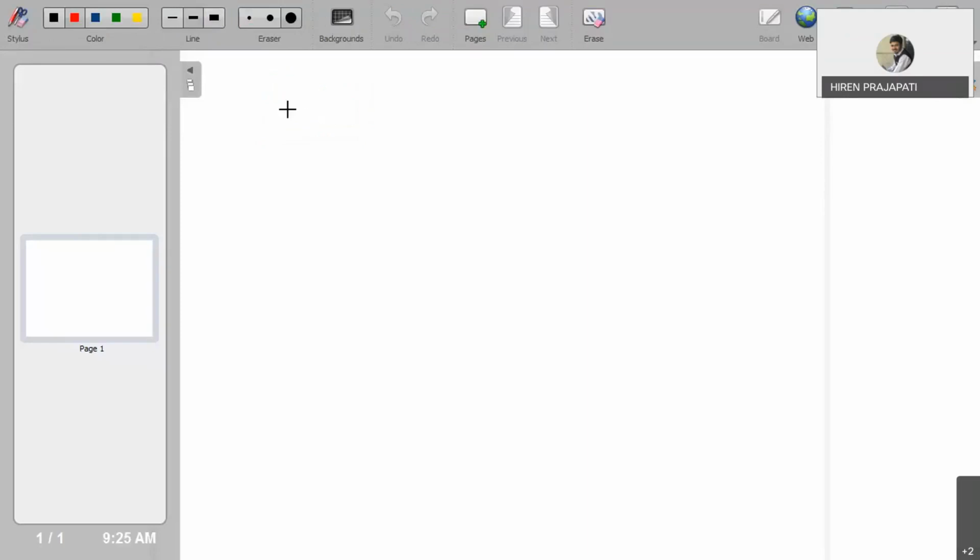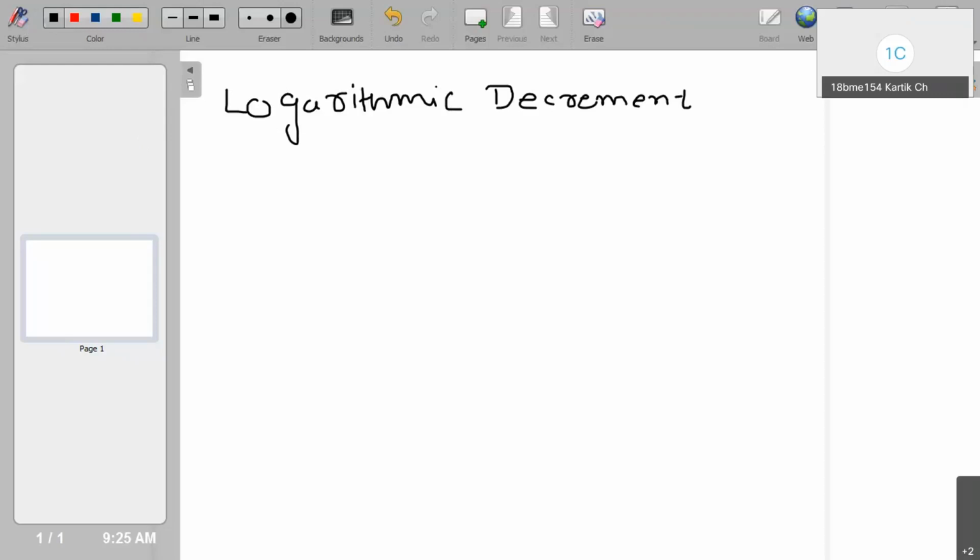So in today's session, we'll be discussing what is logarithmic decrement, which is generally indicated by the notation delta.